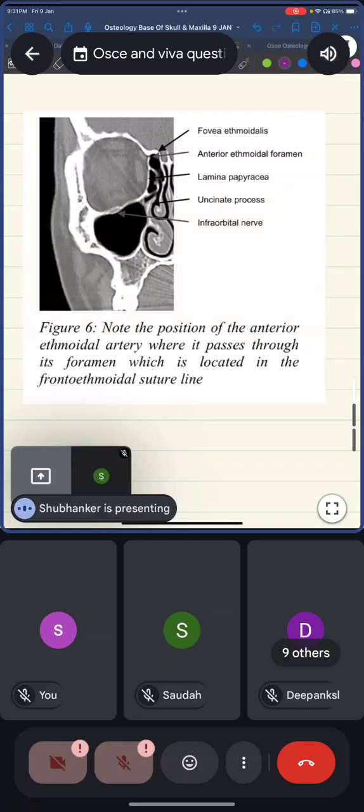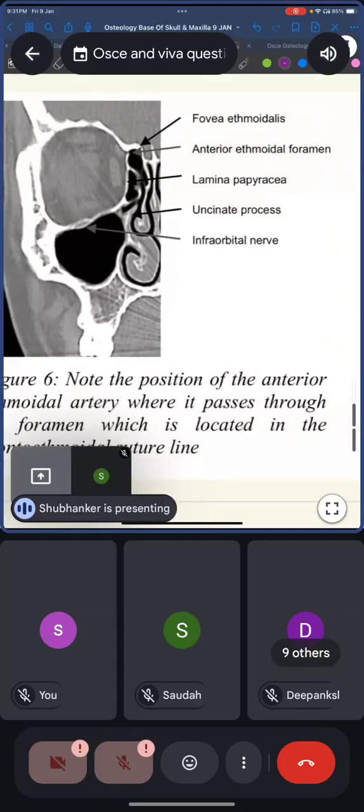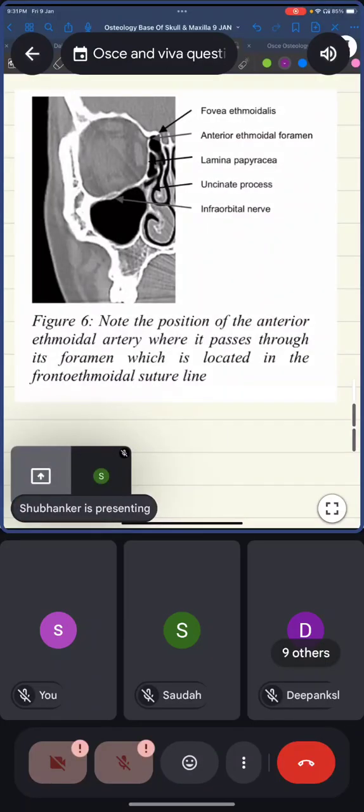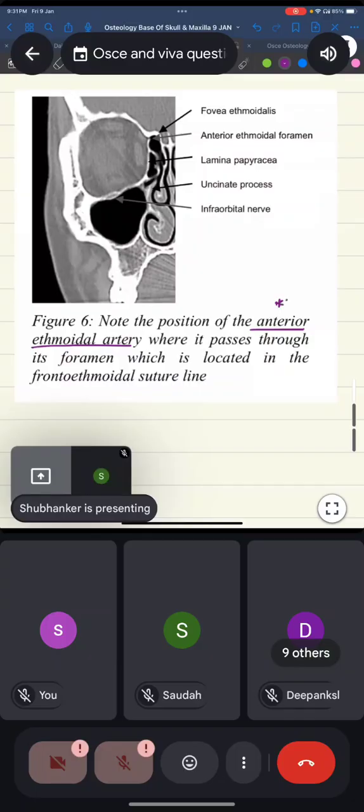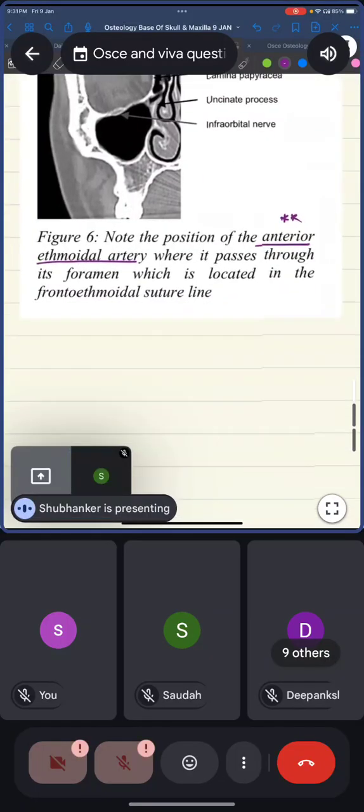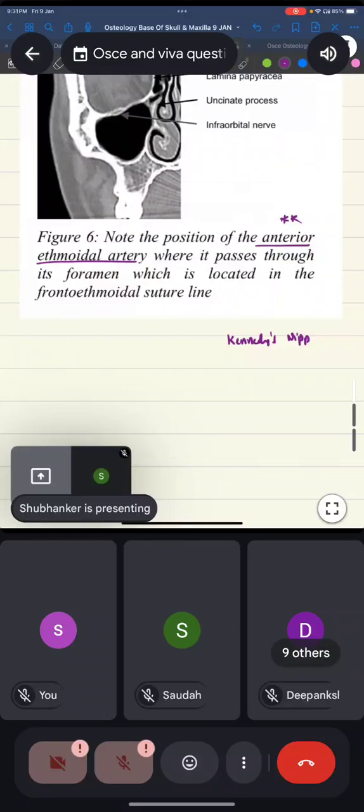First, they'll ask you what is this over here, first question, and second is Kennedy's nipple.